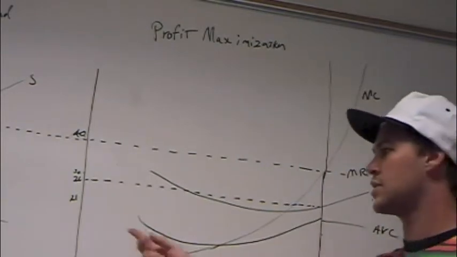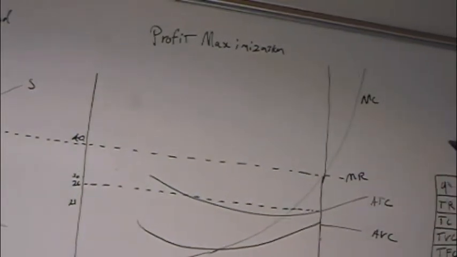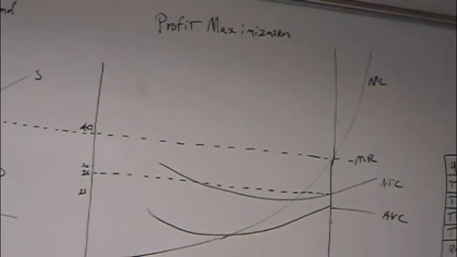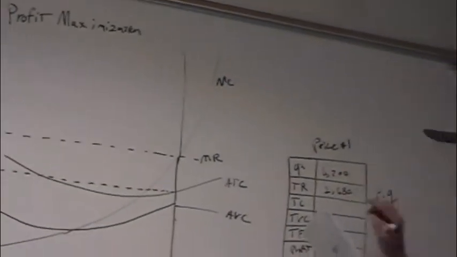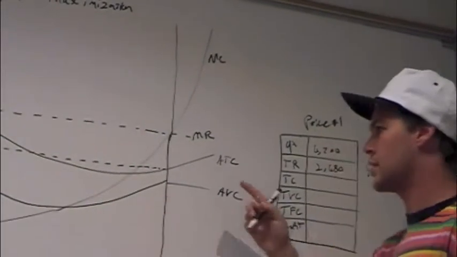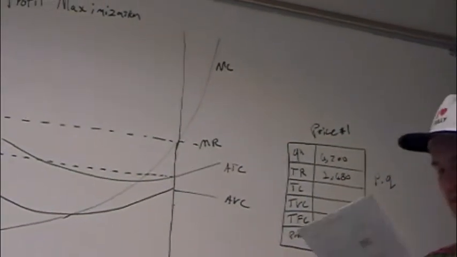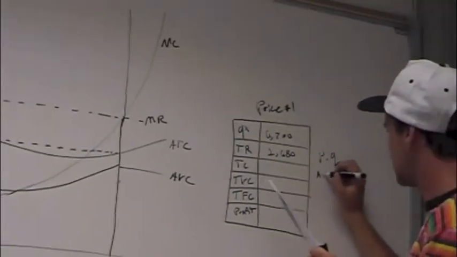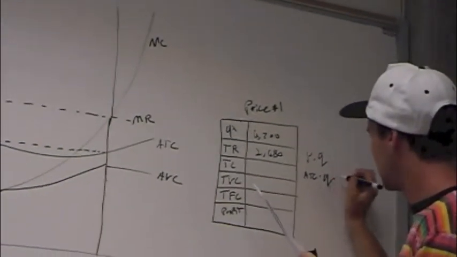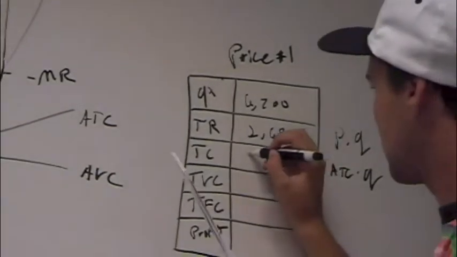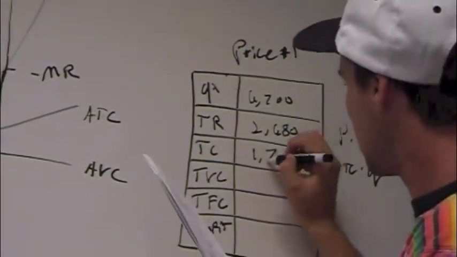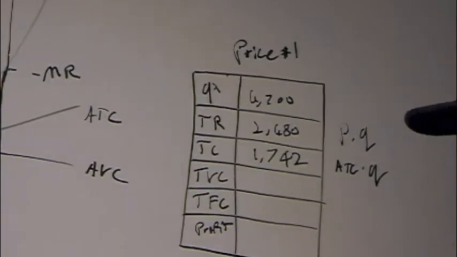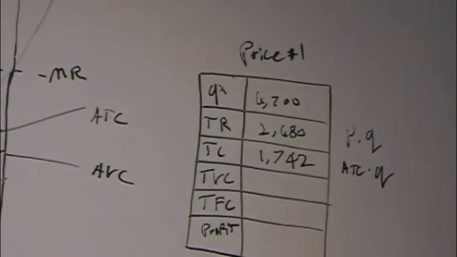So we use that 26 cents, which is our price, and we times it by our quantity. Again, we do the average total cost where it hits there, and we do our quantity, which is 607, which equals 1,742.